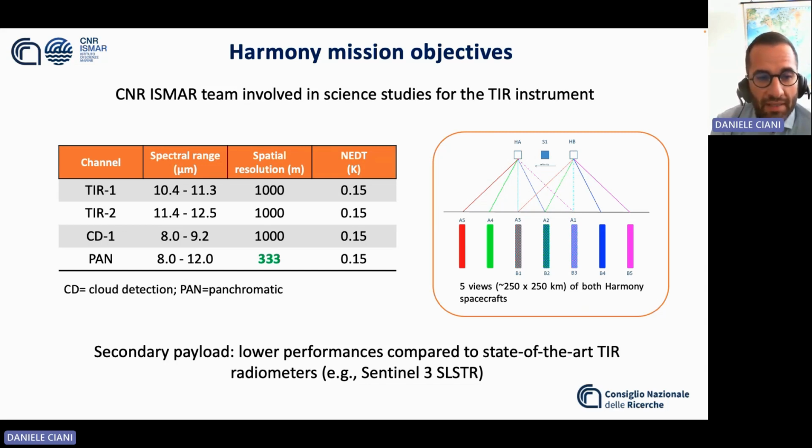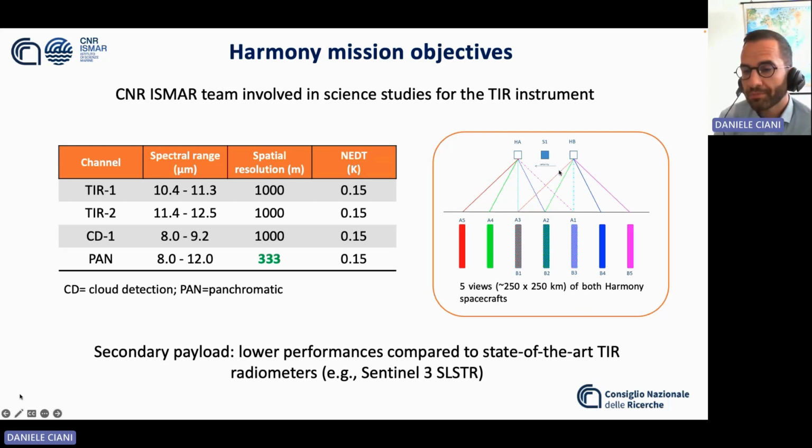The spatial sampling distance for 3 of the 4 channels will be around 1 kilometer, while it goes down to 300 meters for the panchromatic one. The noise equivalent delta T is relatively high compared to state-of-the-art infrared sensors, like, for instance, SLSTR. We will have more details later on this. And it is around 0.15 Kelvin.